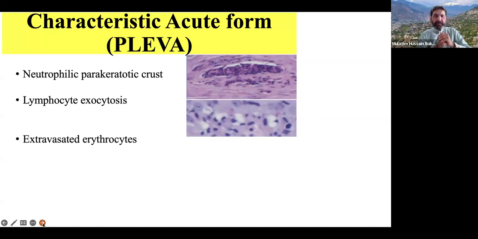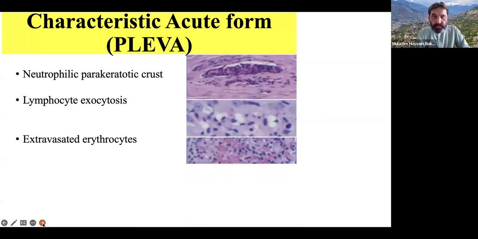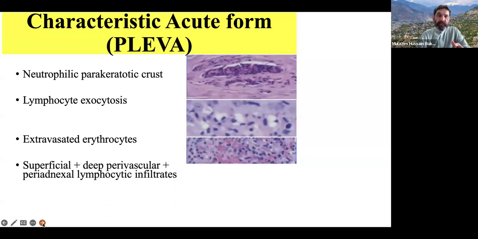The second important thing is extravasation of erythrocytes. I told you how you can differentiate RBCs from mast cells, plasma cells, and eosinophils, because all these things are very important for beginners.